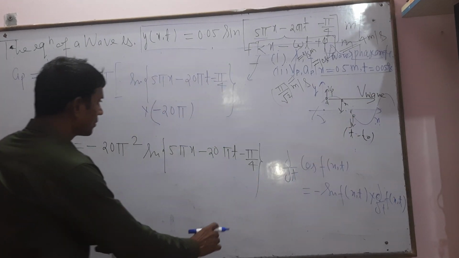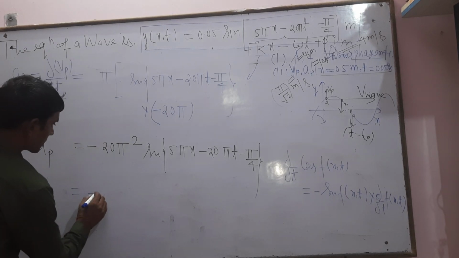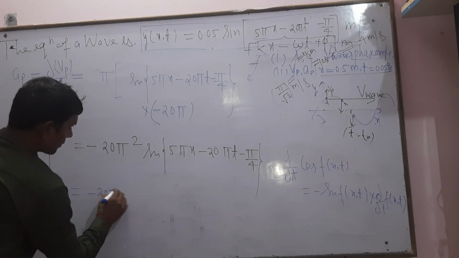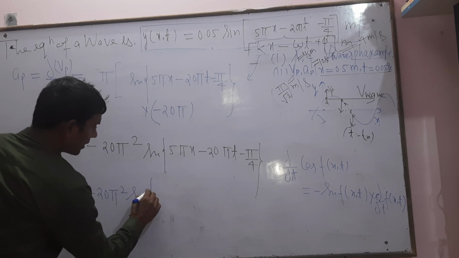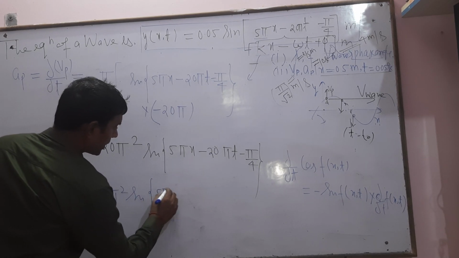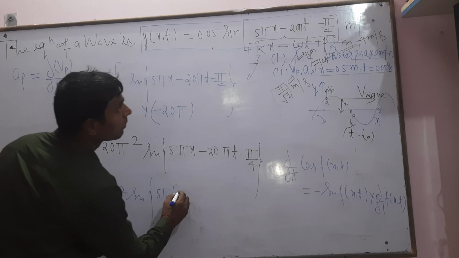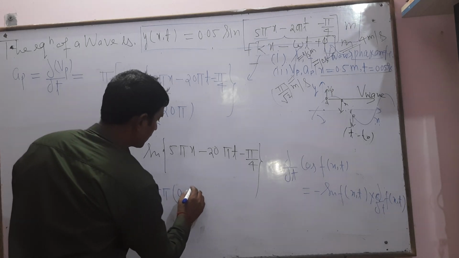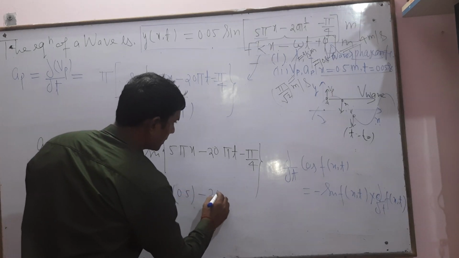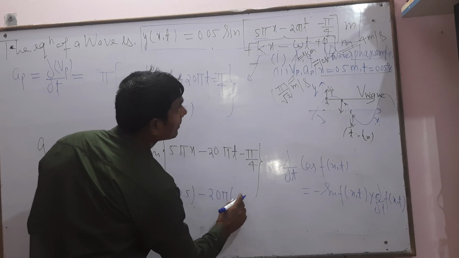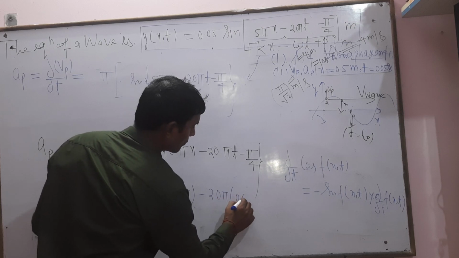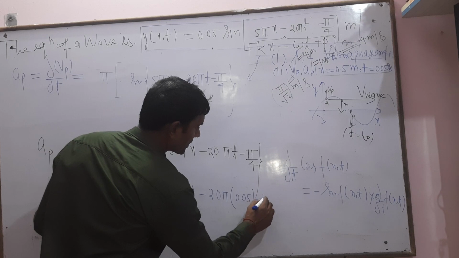So put the values here: minus 20 pi square into sin(5 pi into 0.5 minus 20 pi into time 0.05 minus pi by 4).